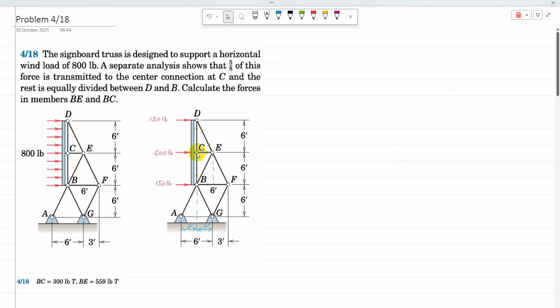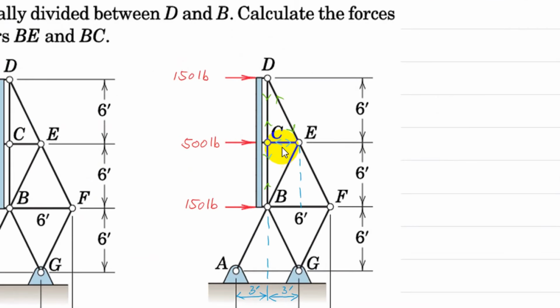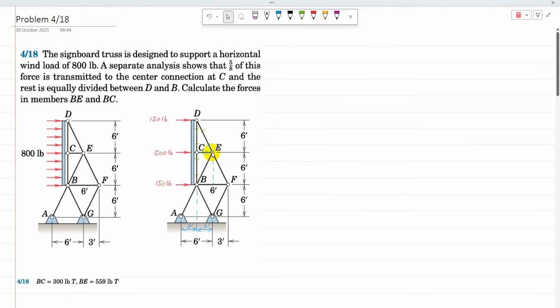Joint C is solved now, and now at joint E, CE is known, so I can isolate joint E to solve it. So the free body diagram of joint E is drawn. BE and EF are in tension.